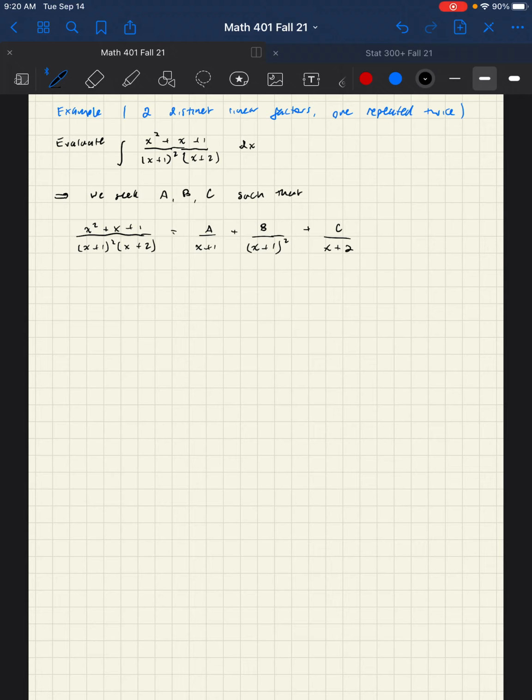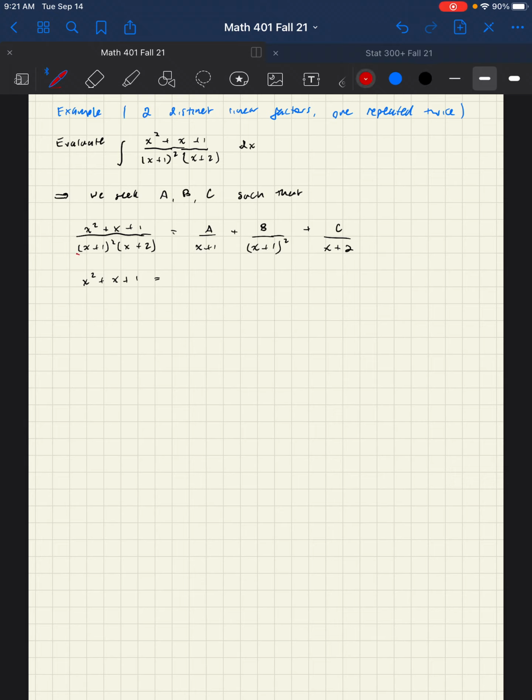So, once again, we're at the point where really we're just going to reduce this to a linear system of equations. We have 3 unknowns, which means we better have 3 equations, which we'll get. Okay, so let's just go ahead and multiply it through by the LCD. We get x squared plus x plus 1.